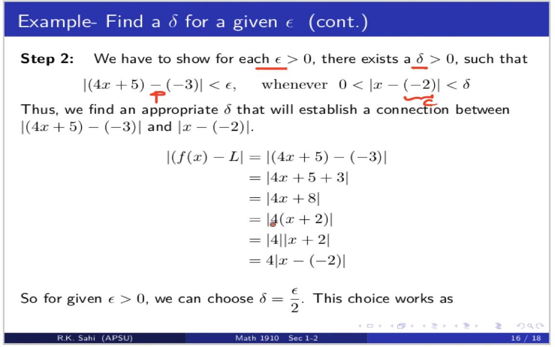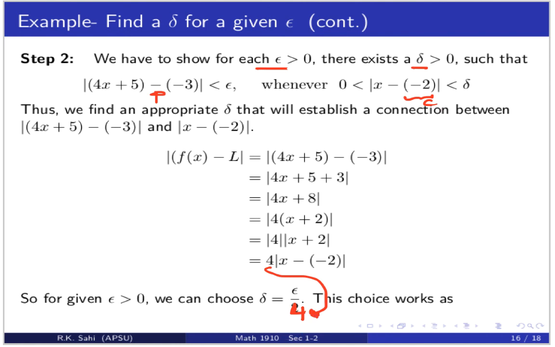So once again, we do the same thing. Take the absolute value of 4 times the absolute value of x plus 2. x plus 2 is the same as x minus (minus 2) here. Now remember, there's a typo here. This is epsilon by 4. So whatever is in front of x minus (minus 2), that pops up over here, and that's basically your delta value.